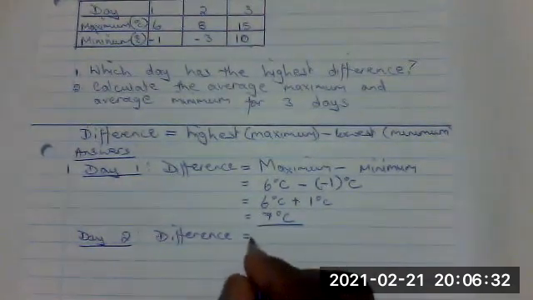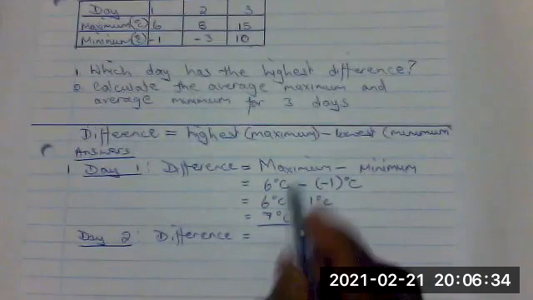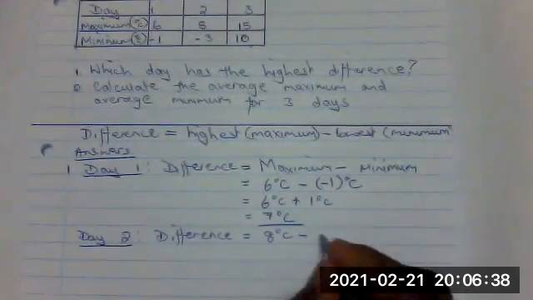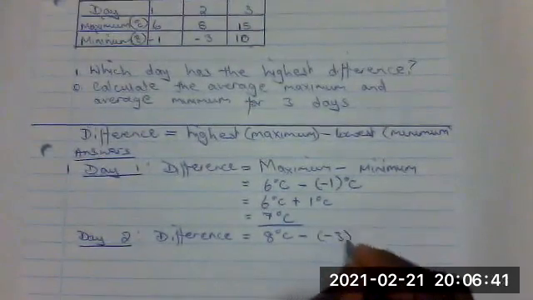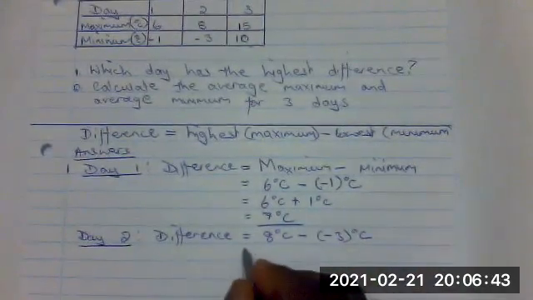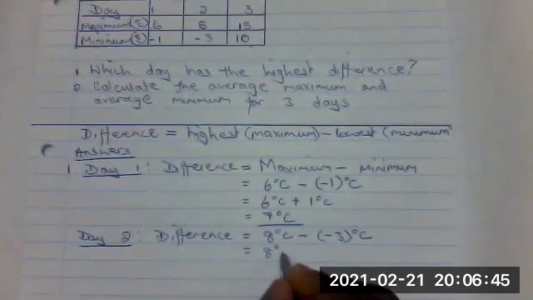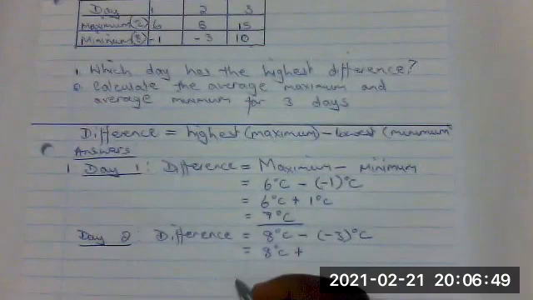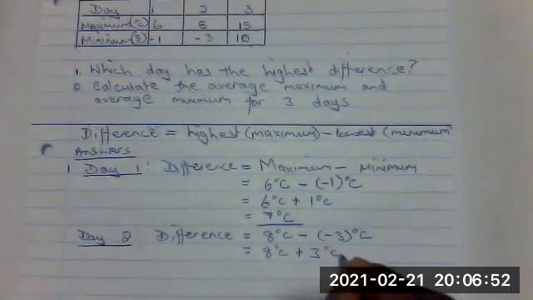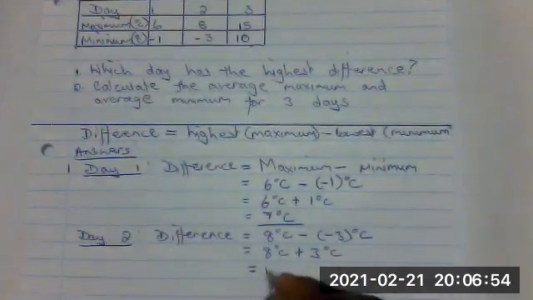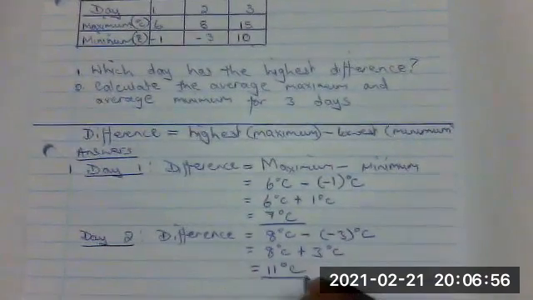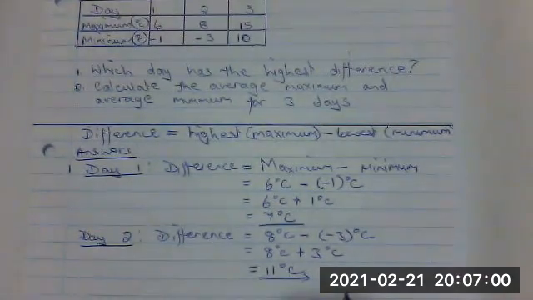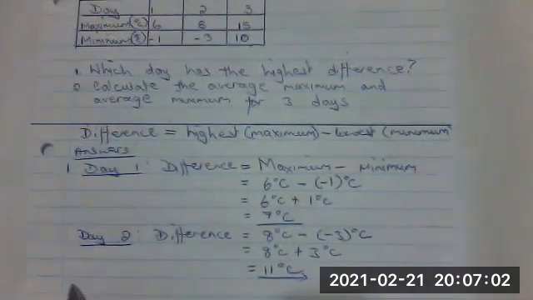The maximum for day 2 is 8 degrees Celsius minus the minimum, which is negative 3 degrees Celsius. So it's 8 degrees Celsius minus times minus, which gives us positive 3 degrees Celsius, which equals 11 degrees Celsius. Then we move on to day 3.